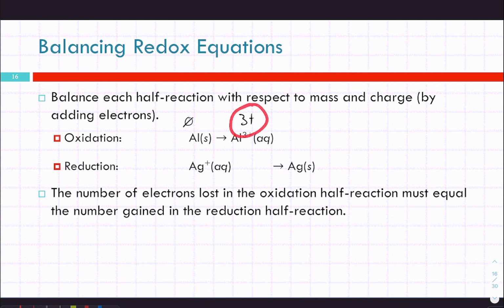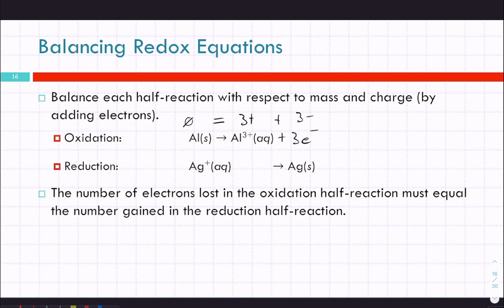So on the right, we have 3 plus, so we can subtract 3 by adding 3 electrons. Each electron adds a 1 minus charge for an overall charge of 3 minus. So that 0 equals 3 plus 3 minus, which would be 0.